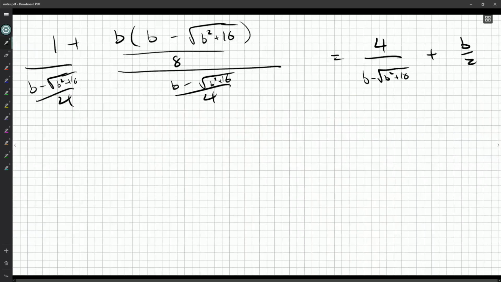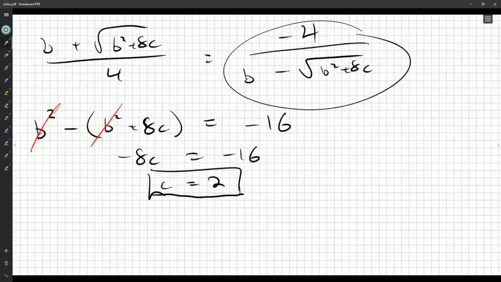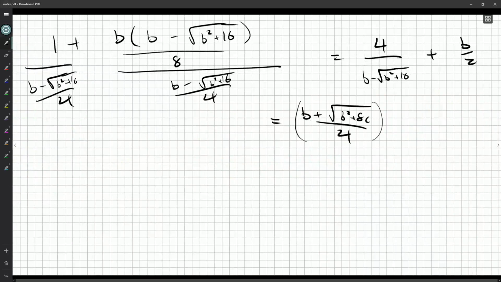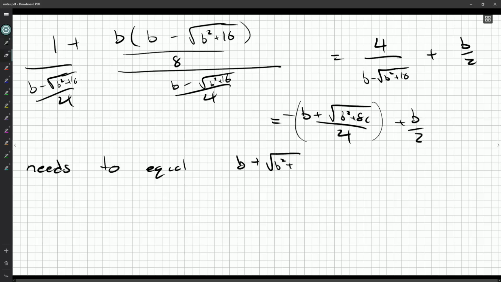Okay, so this is going to be, and it's a plus this time, b plus the square root of b squared plus 16 all over 4, negative of that, sorry. So this needs to equal b plus the square root of b squared plus, I don't know why I said 8c there, it should be 16.